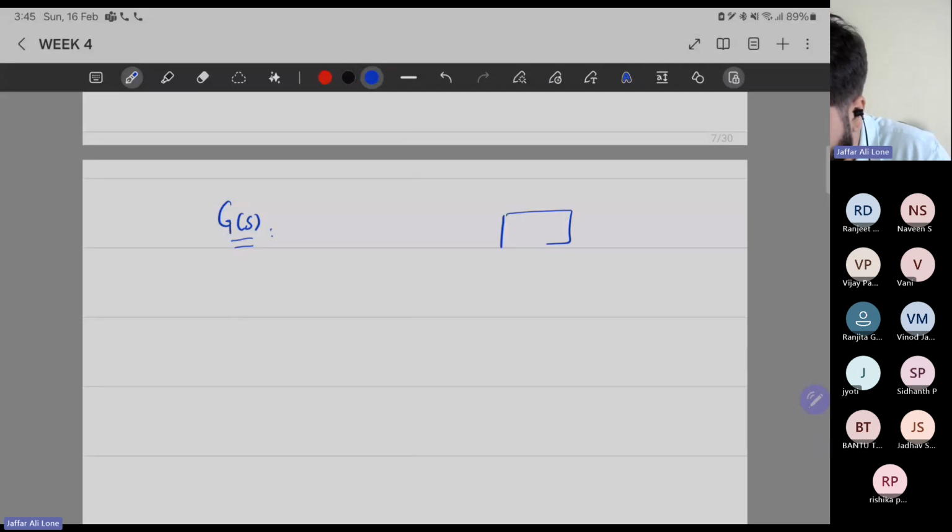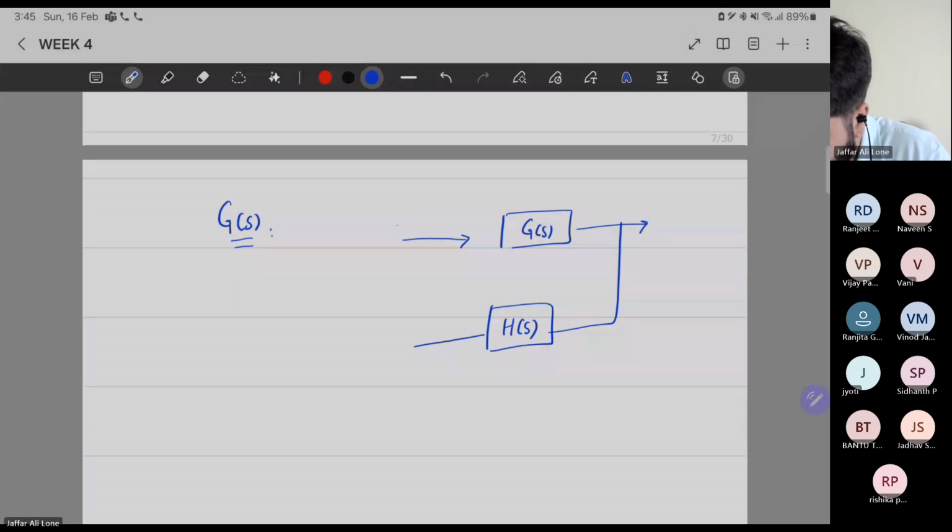You have an open loop transfer function G(s), and when you close it with feedback H(s), this is plus, this is minus, then what do you get? This is my closed loop system. So the transfer function of this system will be the closed loop transfer function.